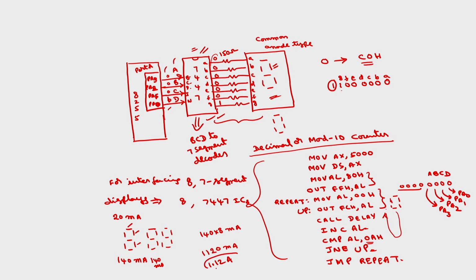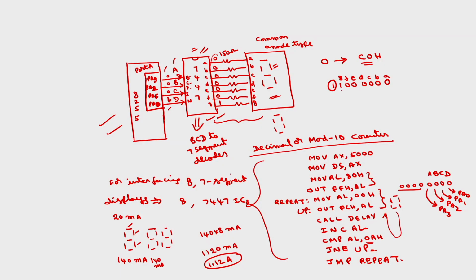This is a large current, so this will draw more power. This is one of the drawbacks of using this type of configuration for displaying multiple 7 segment displays: it draws more current, thereby more power consumption.